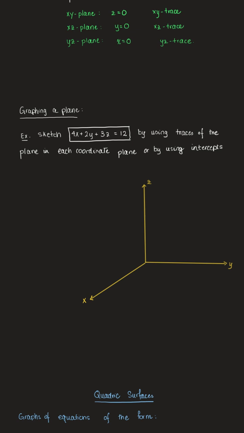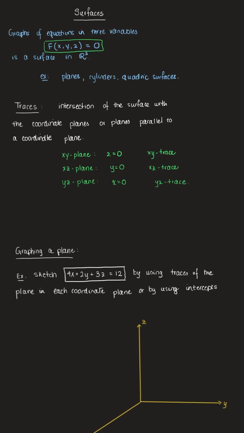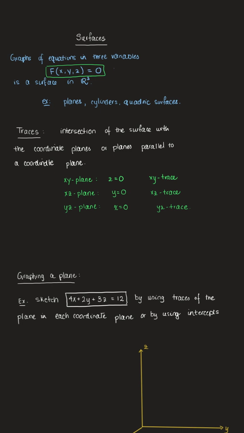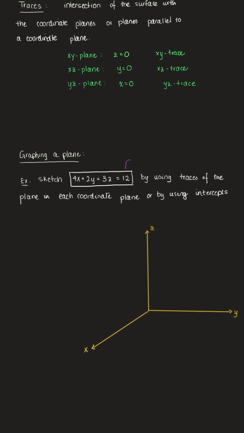So first I want to show you how this is of the form f of x, y, z equals 0. If we look up here, where we have f of x, y, z equals 0, we could rewrite our plane by moving the 12 to the left side, and on the left we have a function of 3 variables, x, y, and z, and on the right we would have 0.